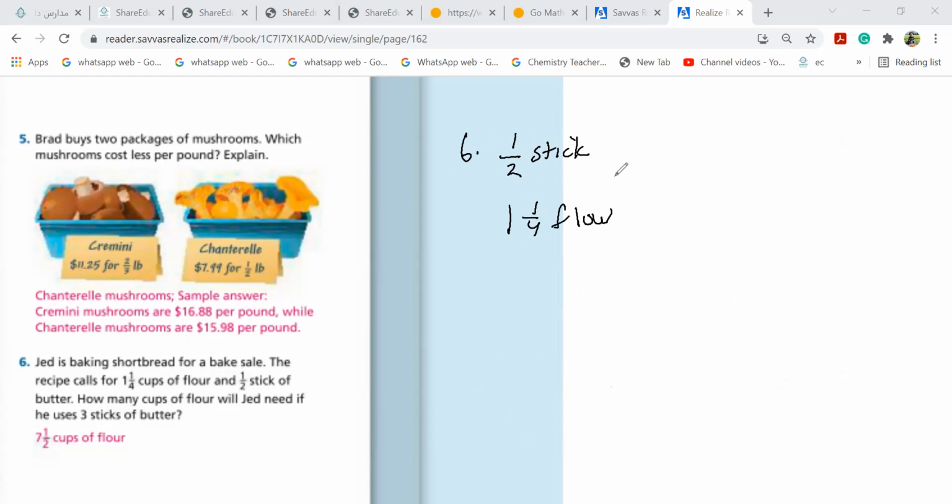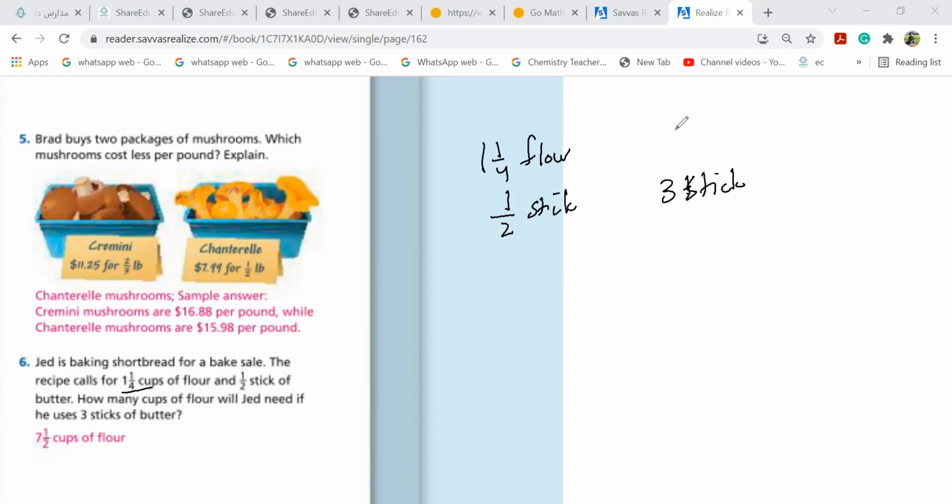You can even write it the other way, no problem. 1/4 cup of flour gives you half a stick. So for 3 sticks, you divide them. 1/4 divided by half. How do you open it? 5 over 4 divided by 1 over 2. And you multiply this by 3.